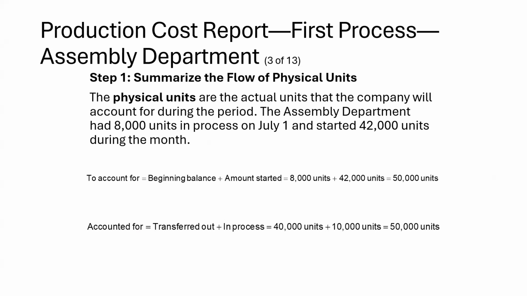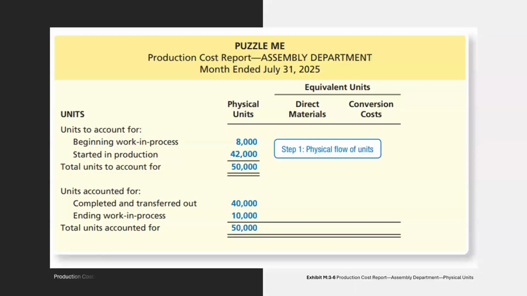So you have a remaining 10,000 units. The remaining 10,000 units must still be in process, and we have accounted for all units. The units to account for equal the units accounted for.